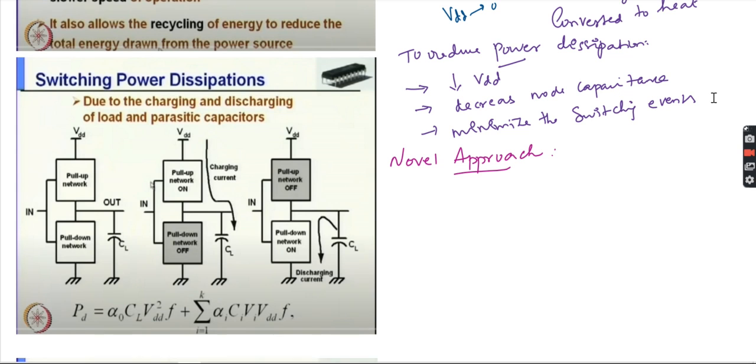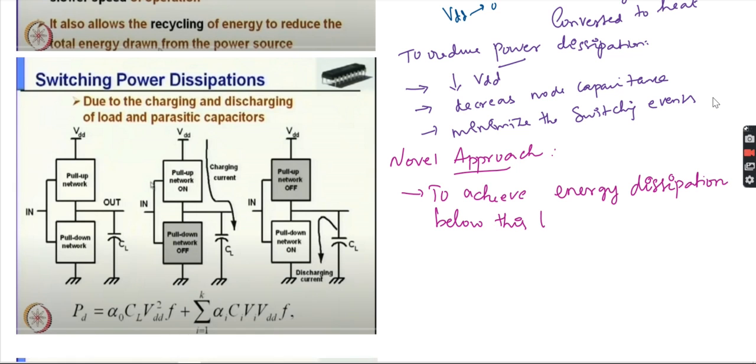If we still want to reduce beyond that, the novel approach is to achieve energy dissipation below this lower limit of CL VDD square. This is very important.